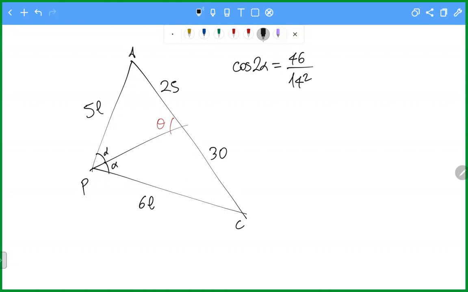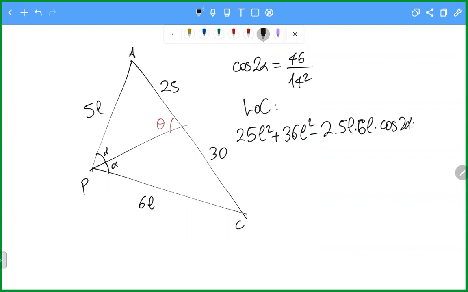Okay, now let's use law of cosines. This tells me that 25L squared plus 36L squared minus 2 times 5L times 6L times cosine 2 alpha equals 55 squared.